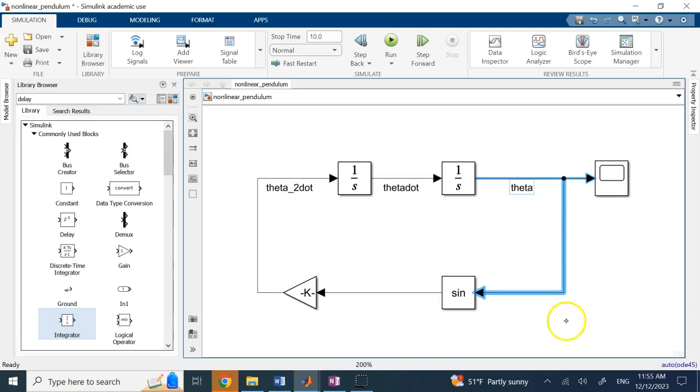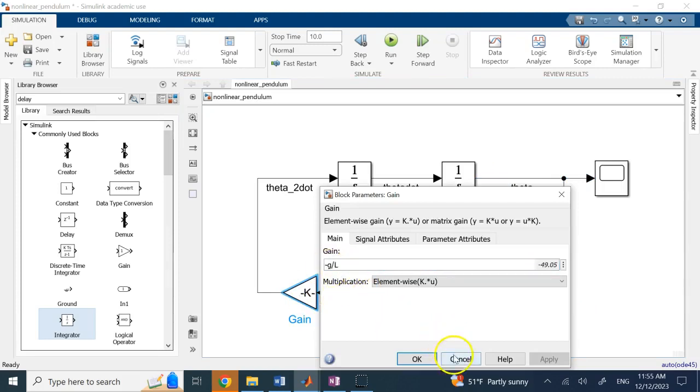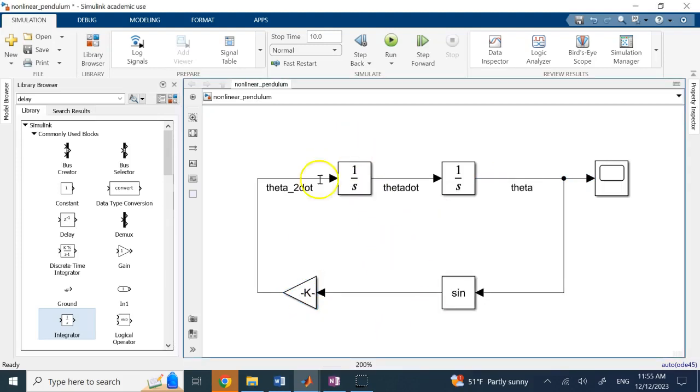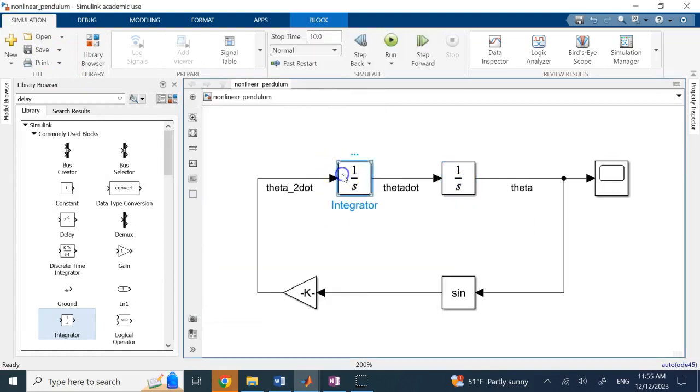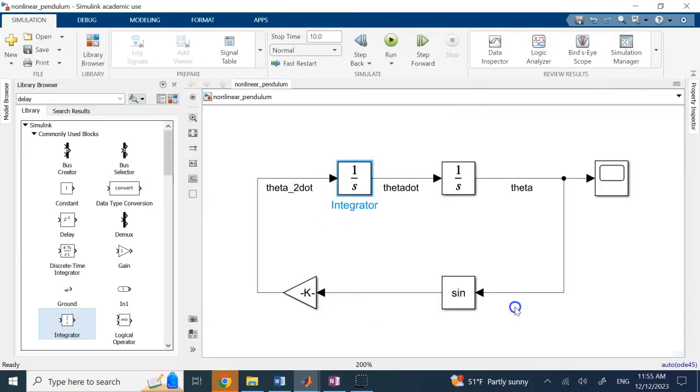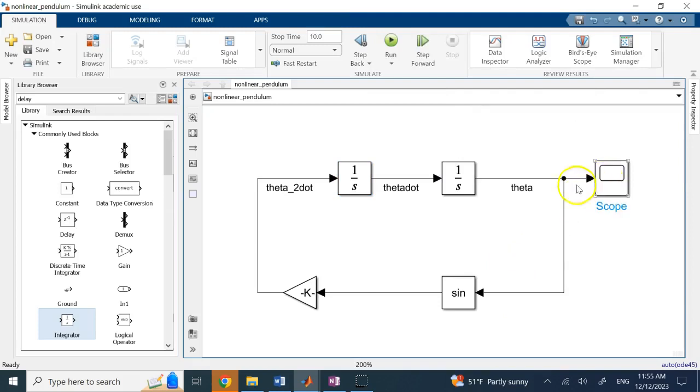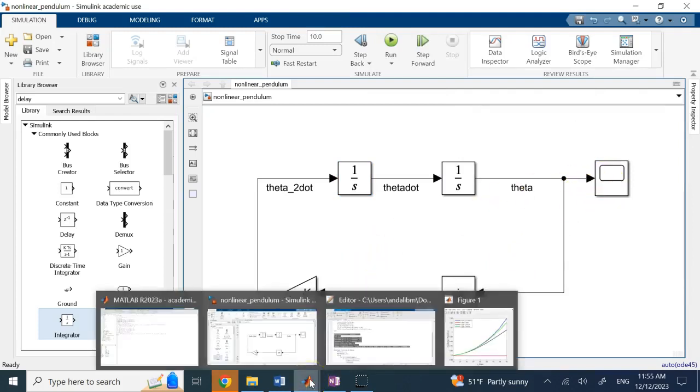Then feed that theta back through this trigonometry block to get sine of theta and multiply it by negative g over L to get what? Back theta double dot, right? So we can solve it numerically, of course, and you just need to pass to it some initial theta 0 and some initial omega naught. In this case, as I said, I use 0, release it from rest, and look at the numerical solution.